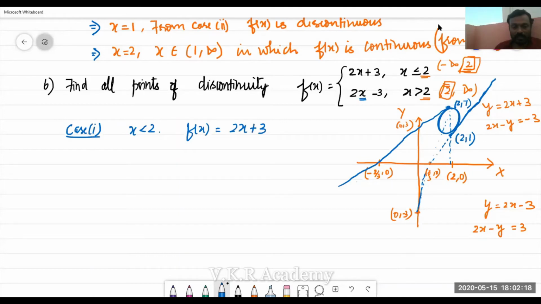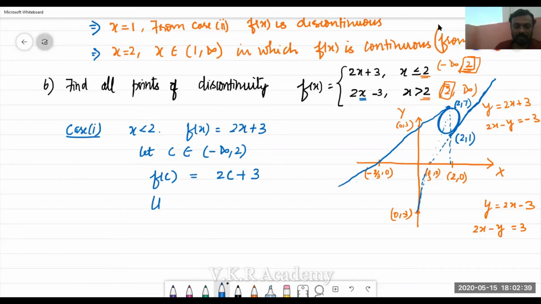Let c be a point in the interval x less than 2, so it is minus infinity to 2. So our f of c is equal to 2c plus 3.